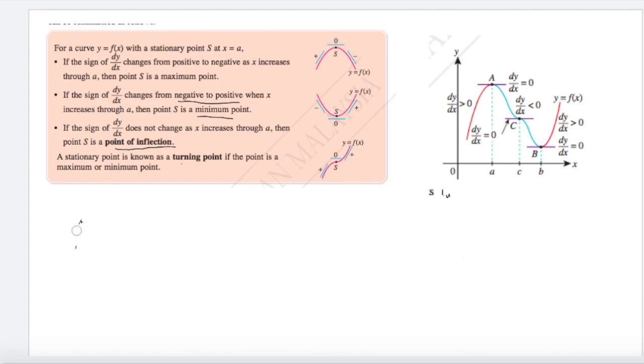Now I draw another curve like a point of inflection: it goes down, and then goes down some more, and then up. Something like this.